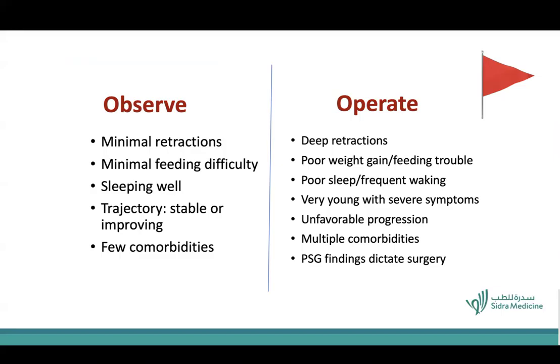While kids that have deep retractions, are faltering on their growth curve, have apneas, very poor sleep, severe symptoms and unfavorable progression, you may be thinking about surgery a bit sooner.